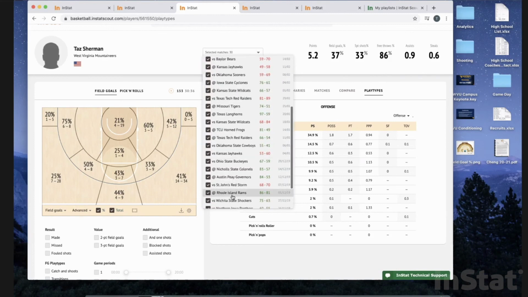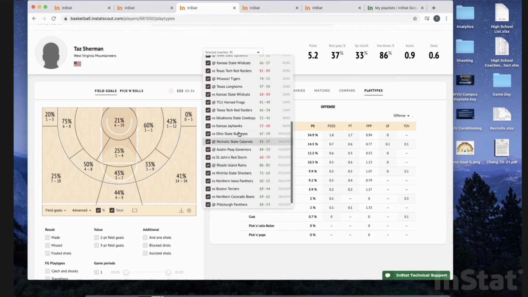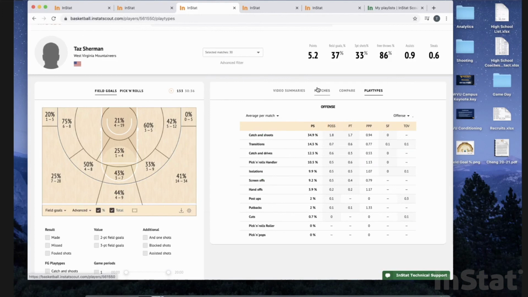We do break it down where we'll add in bigger games, like Ohio State was a big game for us. Pittsburgh's a big game for us since that's a rivalry game. St. John's, those types of games. We'll throw those ones in there, but if it's a blowout, we don't necessarily want to include that game, because we don't want our players to be padding their stats in a way.